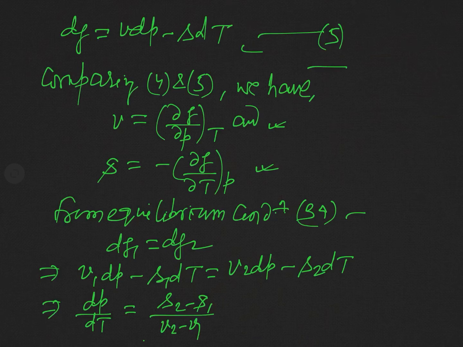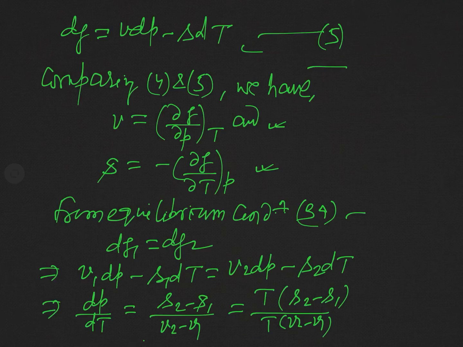And now let us use simple algebra. We simply multiply the numerator and denominator of this equation by the factor T. T times (s2 minus s1) over T times (v2 minus v1). But we know this T (s2 minus s1) is what?